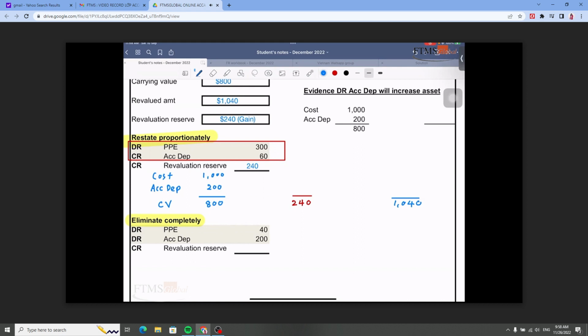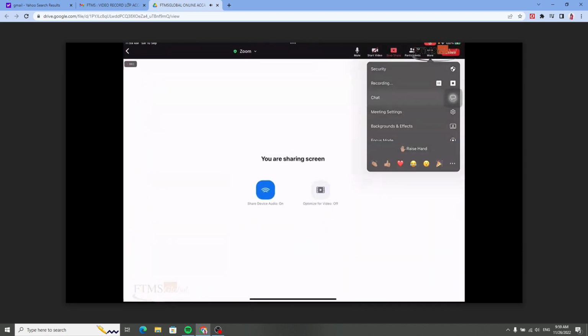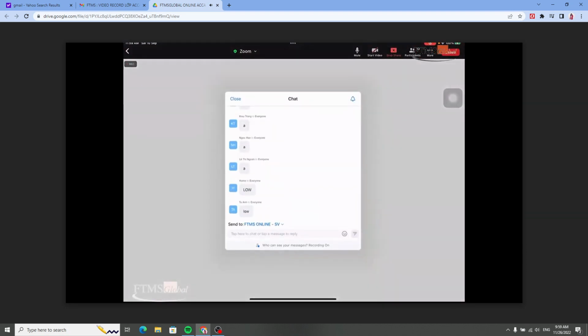Just one question: we know the asset increased from 800 to 1040, which is an increase of 240. I want to express this 240 in terms of percentage. If I ask you, asset increased by how many percent, from 800 to 1040? You can do a simple mathematics. So this 240 is how many percent?